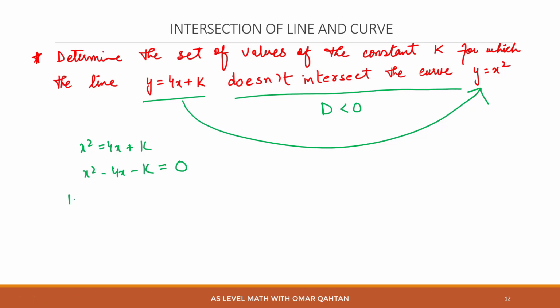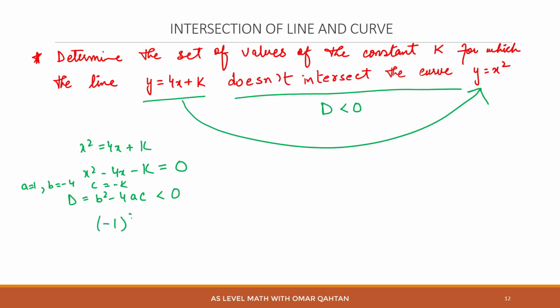We know the formula for the discriminant is b square minus 4ac, and this should be less than 0 because there is no intersection between the line and the curve. From this equation, a equals 1, b equals minus 4, and c equals minus k.